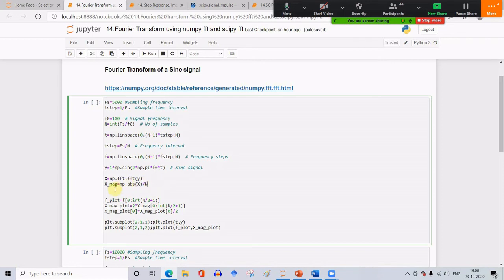Okay, so I need only the magnitude plot, so I'm designating the magnitude as x underscore mag, then np dot absolute value of this capital X, and normalizing it with the total number of points, np absolute by capital N. Okay, so up to this the point is clear.